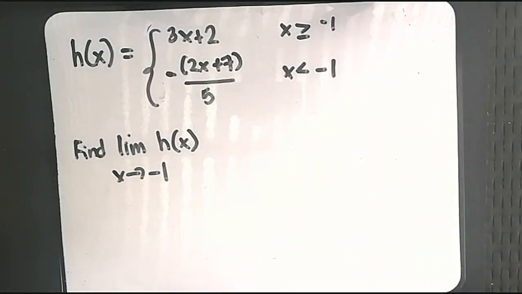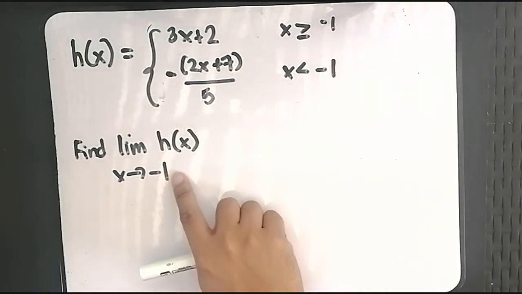So let's consider h of x equals 3x plus 2 as x approaches negative 1 and negative of the quantity 2x plus 7 over 5 if x is less than negative 1. We wish to find now the limit of h of x as x approaches negative 1. So in this case, walang nakalagay kung left or right.